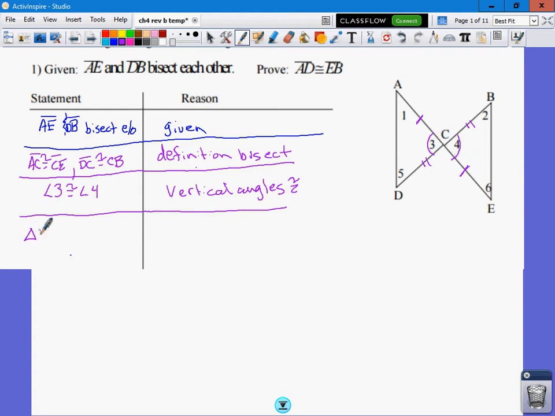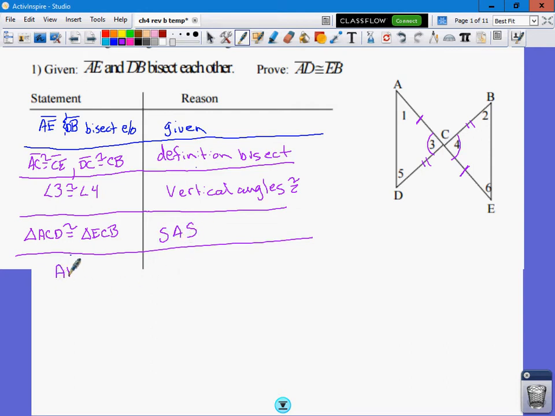So I can state that triangle ACD, the order of the first triangle doesn't matter, but it does determine the order of the second one, would be the same as ECB. And this would be by side, angle, side.